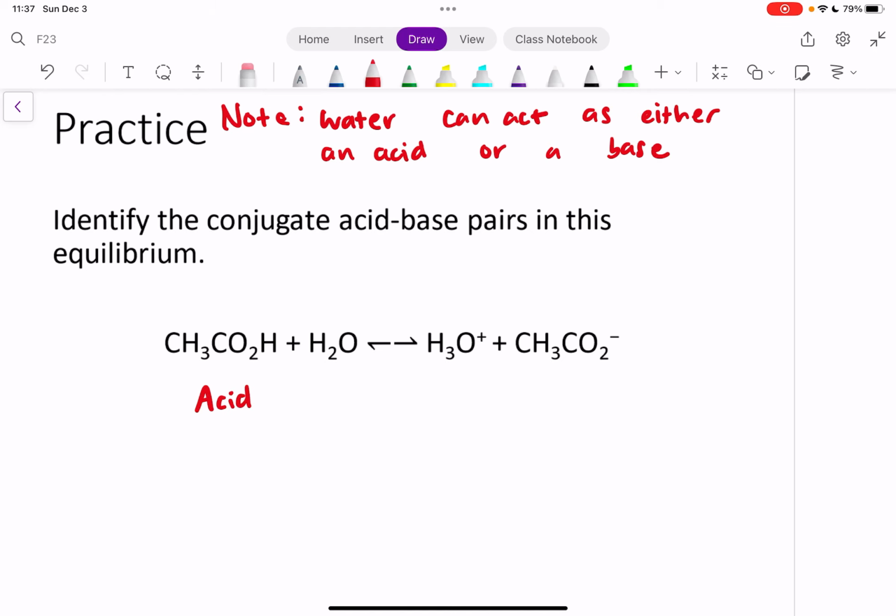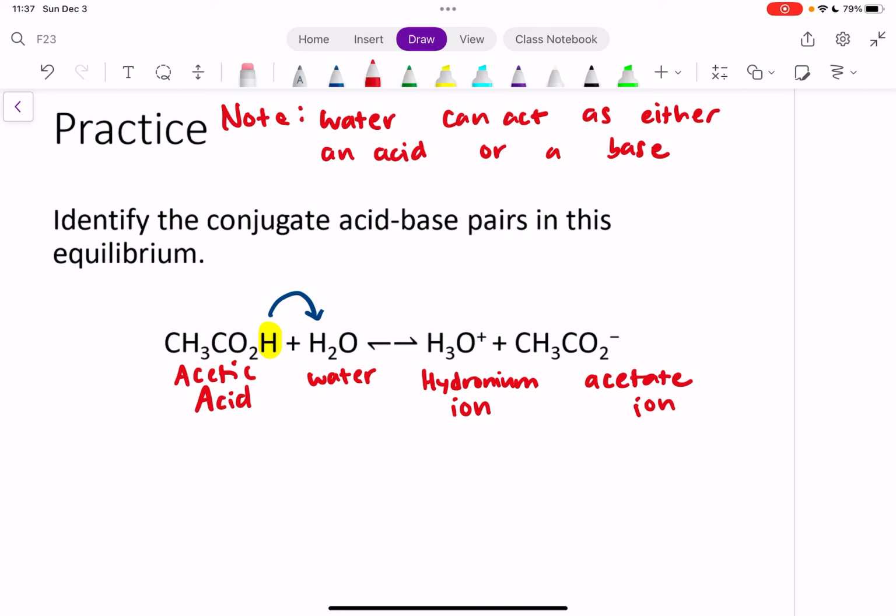It's called acetic acid. So acetic acid is going to give this hydrogen to water. And when it does that, we form hydronium and something called acetate. And I'll put these are ions actually, they've got charges.